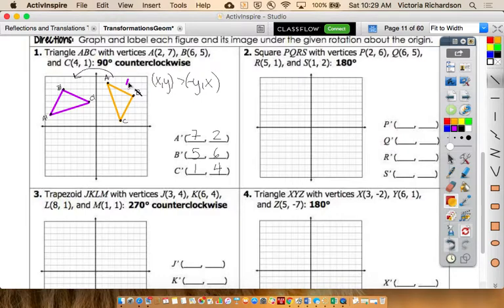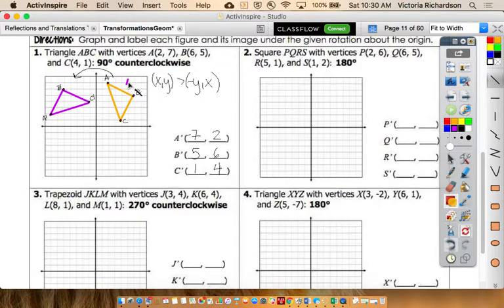And your old picture should now be on top of your new picture. So that way you can see how the rotation actually happens. Patty paper is a great use for rotations. It helps you to see if you did the rotation correctly and helps you to check to make sure you don't have any mistakes. So I want you to try number 2, which is a 180-degree rotation.